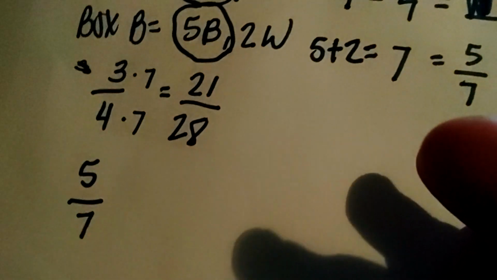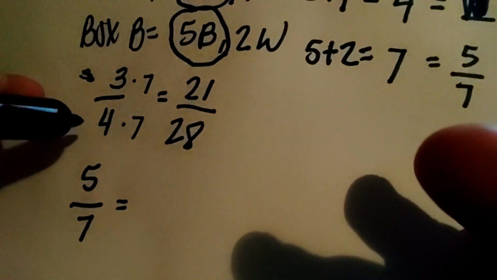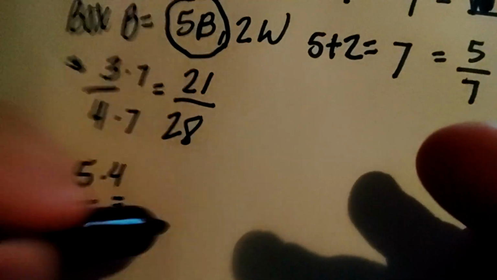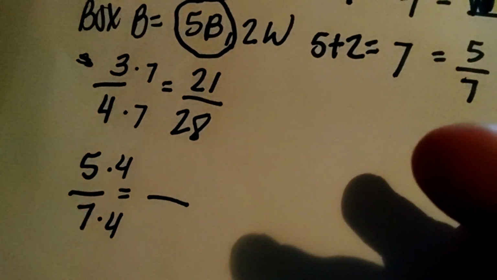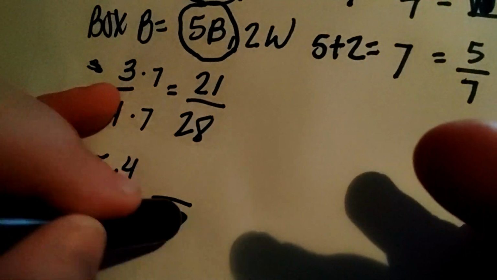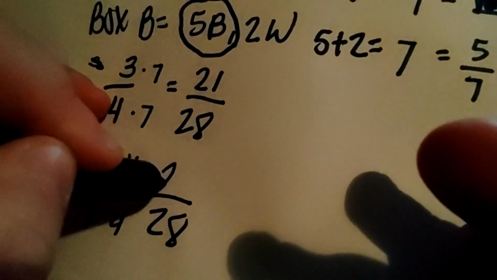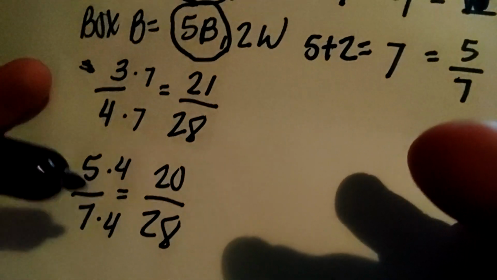If we did 7 up here, let's do 4 down here. 7 times 4, 5 times 4. What's 7 times 4, Ty? 28. It's the same as right there. 5 times 4, Dara? 20. Do these look easier to compare now?